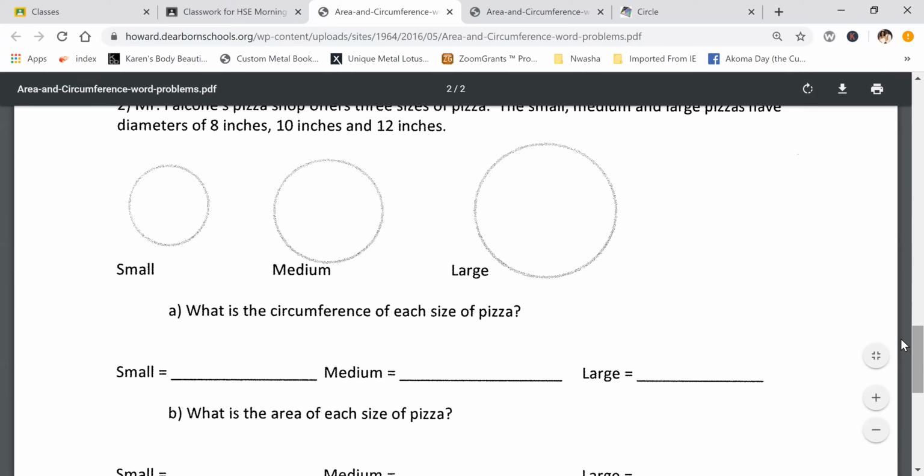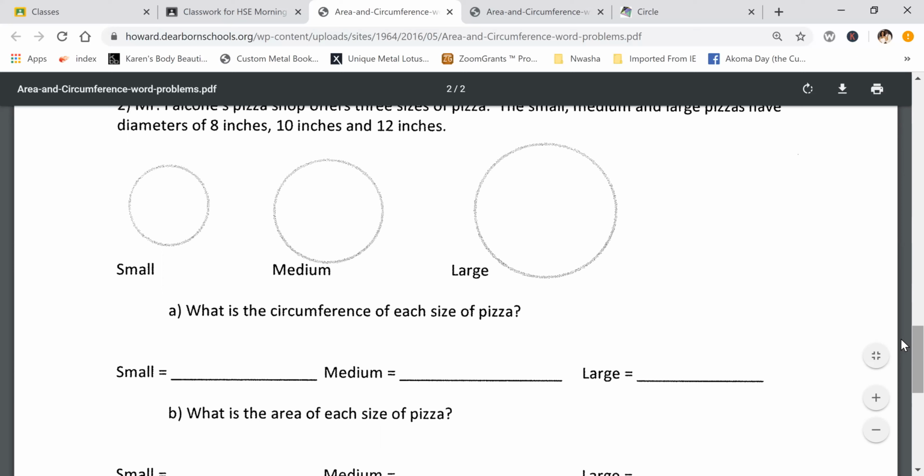So for number two, part A, it says, what is the circumference of the pizza? If you're looking at the small, the diameter is 8 inches. So to find the circumference, you're saying 8 times 3.14. 25.12. So that means you're saying C equals 25.12, right?